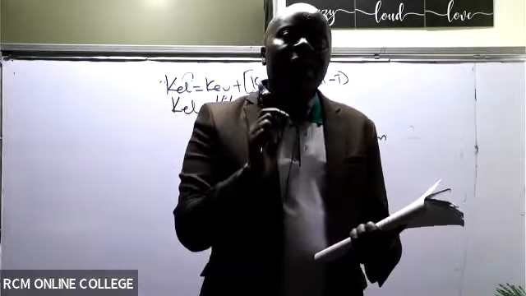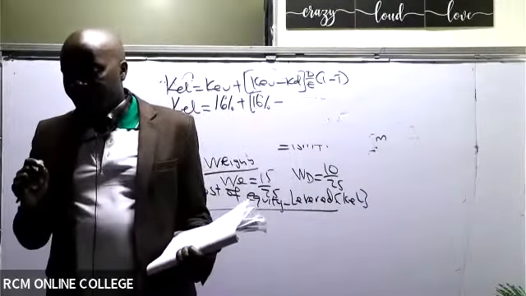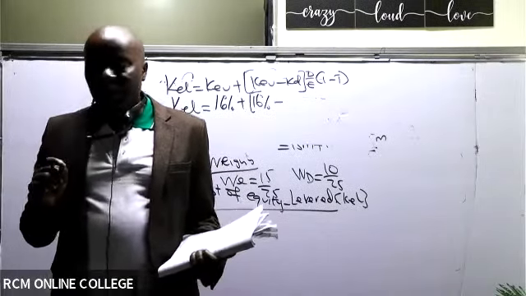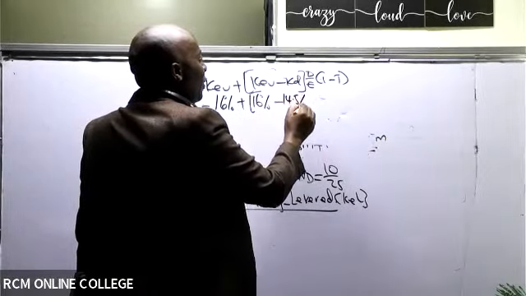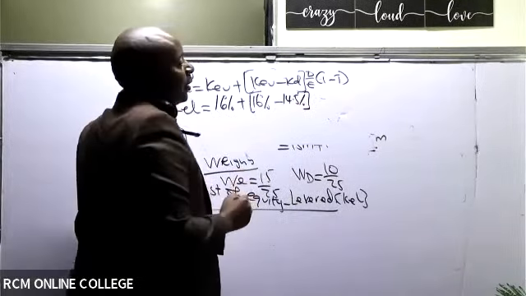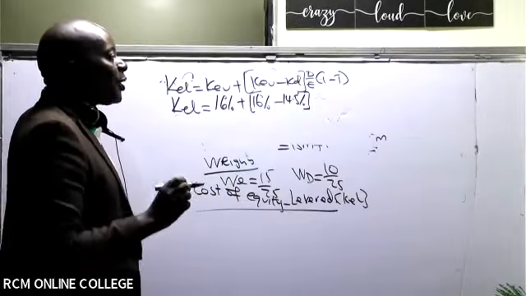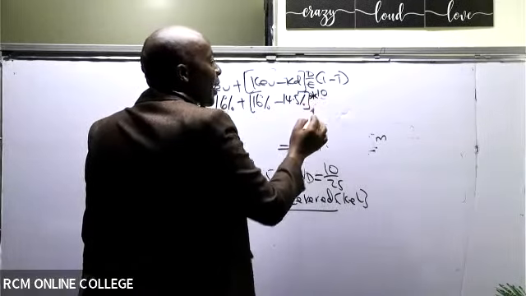We know how much this will cost us. We already have the interest rate. 14.5%, isn't it? 14.5%. So in this very question, we know what the debt is. We know that the debt is 10.